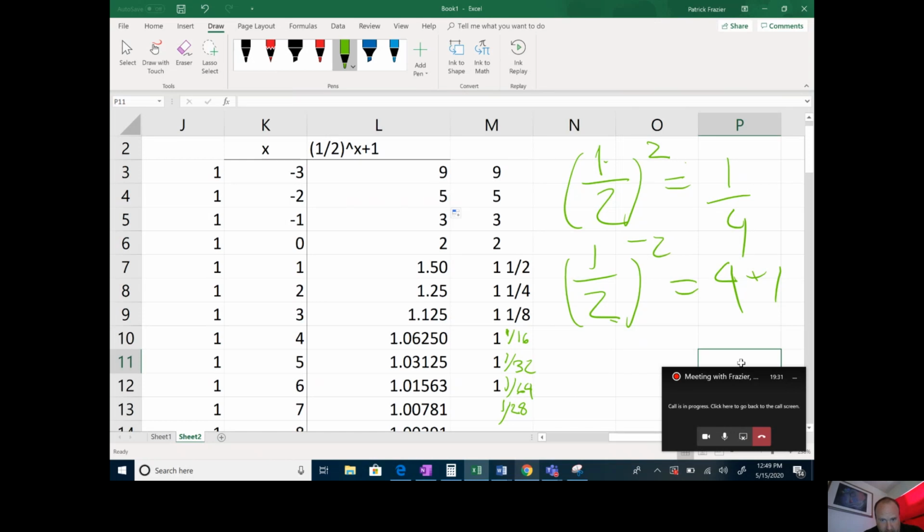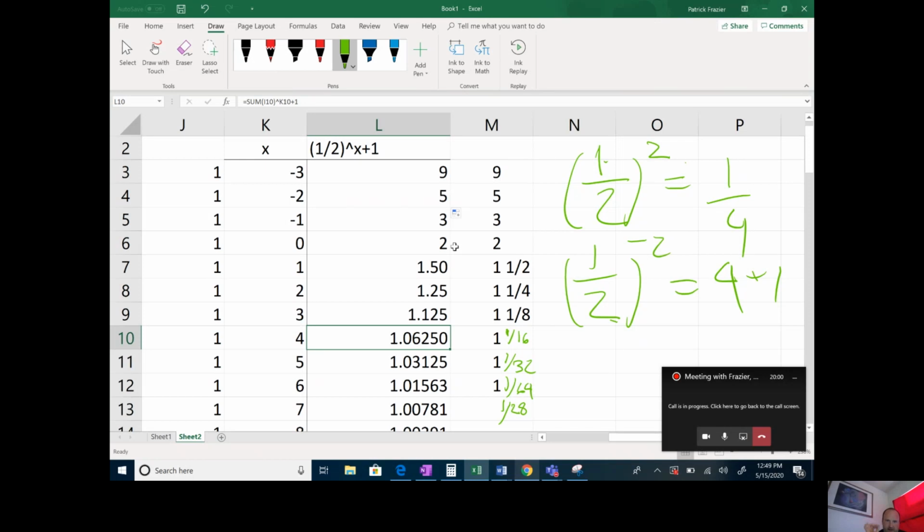So that'd be negative 5. So 1/2 to the negative 5 power plus 1 would be 33, but let's focus on 4. 1/2 to the 4th power plus 1 was 1 1/16. Flip that upside down, that's 16 plus 1 is 17. So we'd go from 9 to 17 and then to 33.